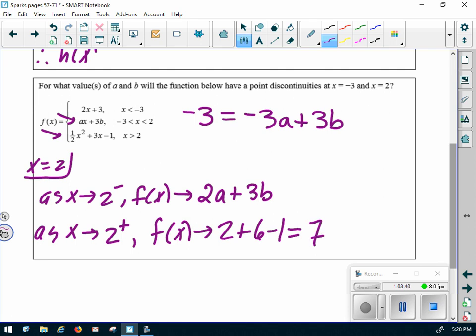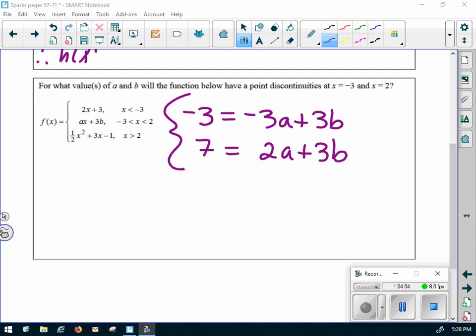So in order for this function to have a point discontinuity at x equals 2, those y values must be the same. So 7 must equal 2a plus 3b. Look what you've got. You've got a system of equations that you can solve by substitution or elimination.